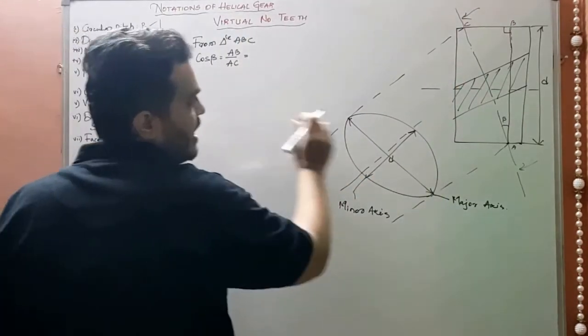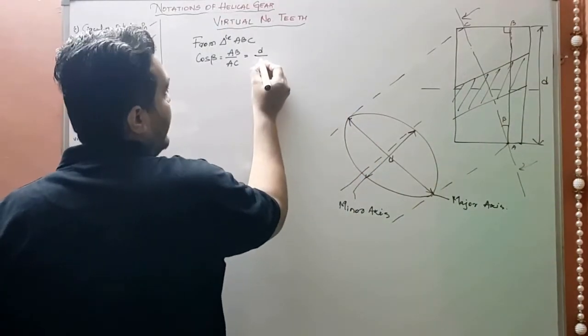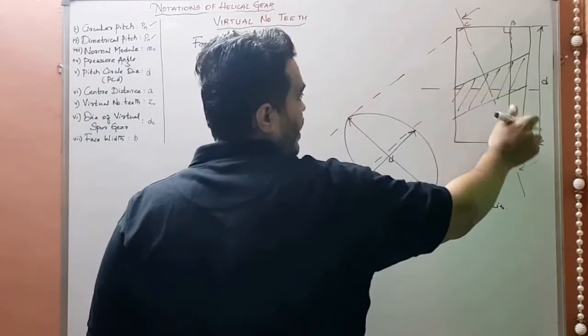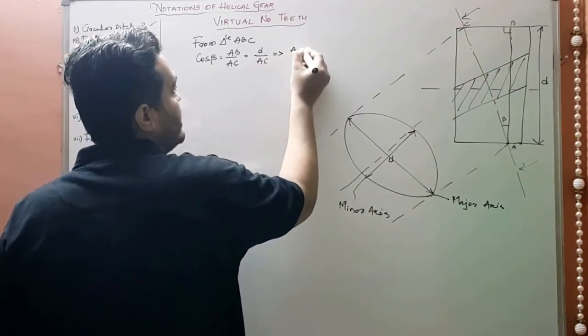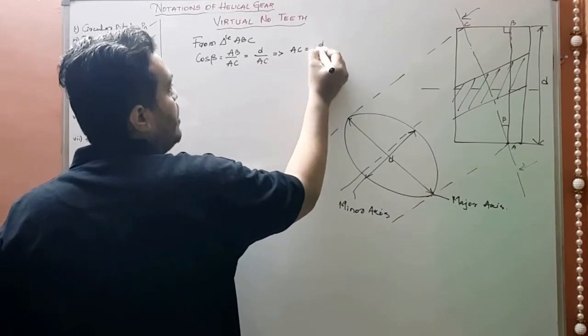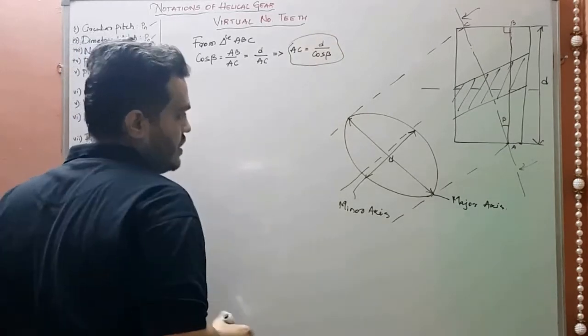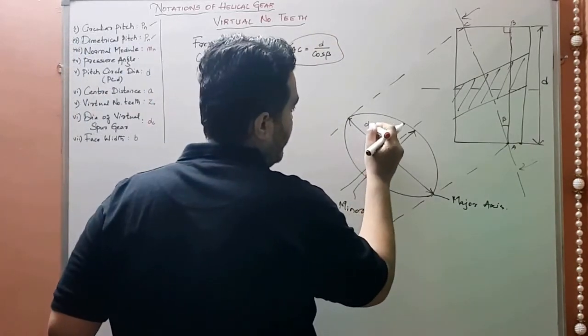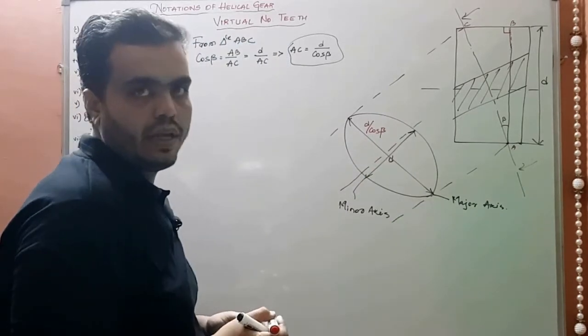What is AB here? AB we have as D, by AC. This we need to determine, the major axis. So we will get AC is equal to D by cos beta. Okay. So this is D by cos beta. Getting?